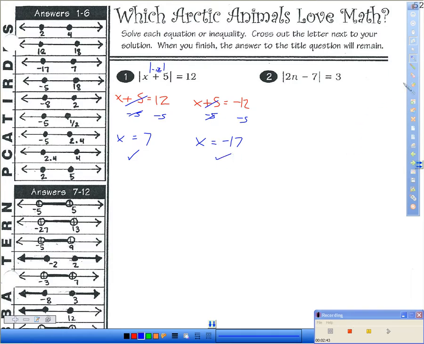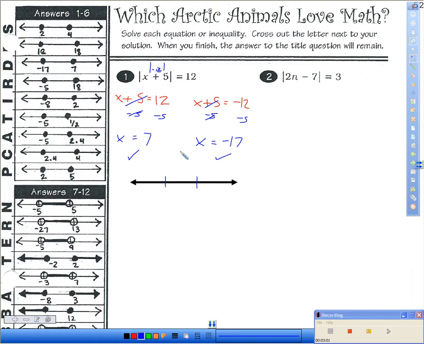We do need to put that on a number line, just graph the solution. Since we have an equation which just says x equals 7 and x equals negative 17, we don't need to shade in one direction or another. So don't just assume that that's going to be the case. All we're going to do is label the 2 numbers that we've got for that solution.